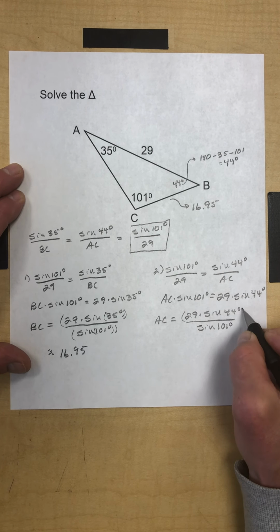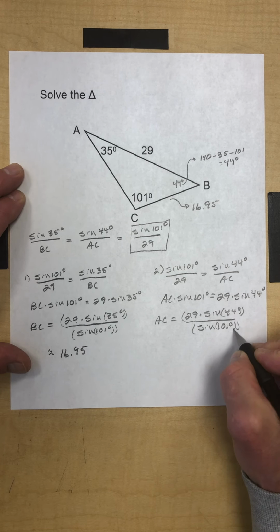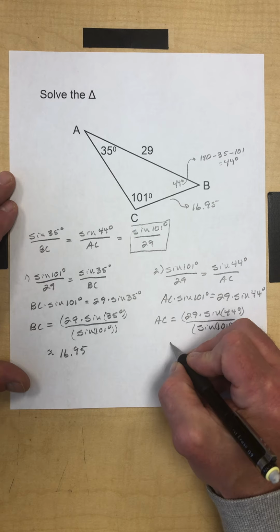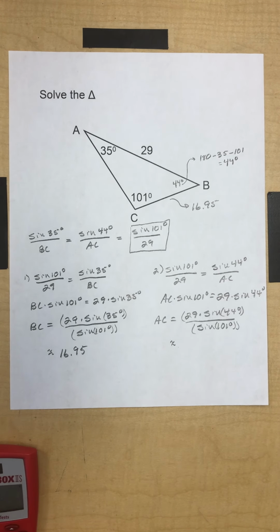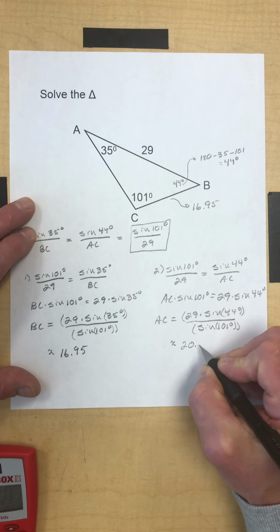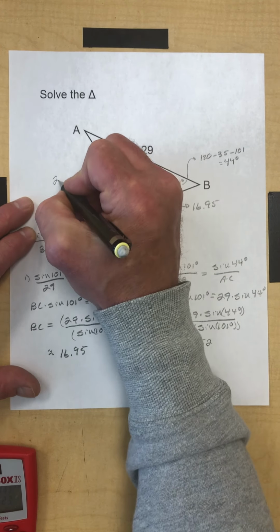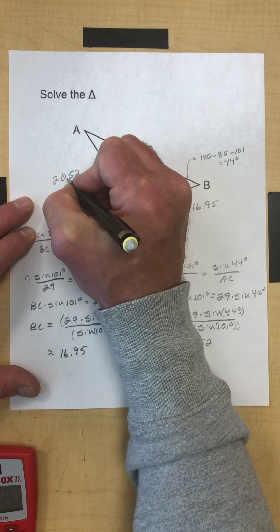Then put your parentheses in so we can punch that into the calculator just like it would show up on your calculator. I got parenthesis 29 times the sine of 44, close parenthesis, divided by parenthesis sine 101, close parenthesis. We round that off to the nearest hundredth, and I'm getting 20.52 units. So this side is 20.52 units.